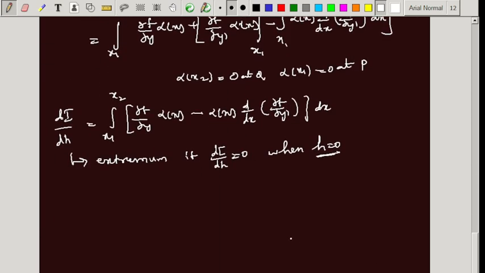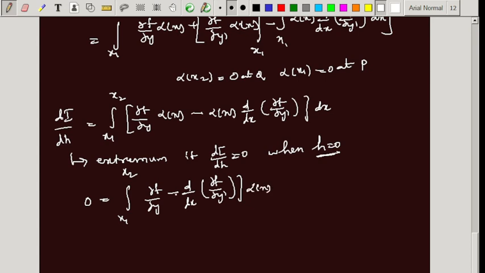So here dI by dh is equal to 0 when h is 0. So here left hand side is 0 equal to right hand side, I am taking alpha of x common, so that I can write this as integral of dou f by dou y minus d by dx of dou f by dou y dash, times alpha of x into dx equal to 0.